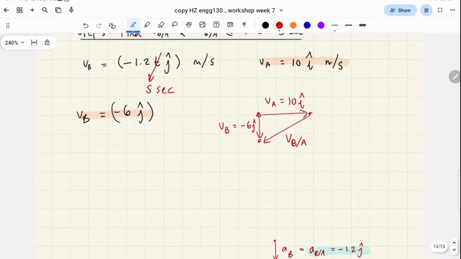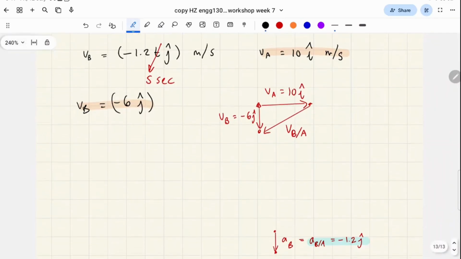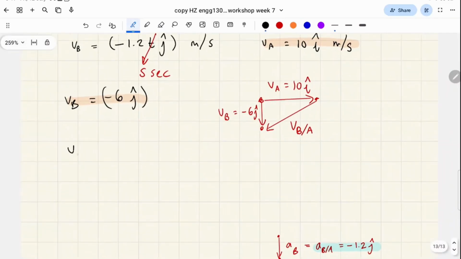Okay, basically, there's a formula for VBA, right? So VBA, sorry, velocity of B relative to A. Here's how I think about it, right? Tip to tail arrows, right? Like that.